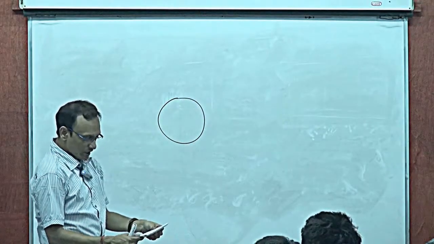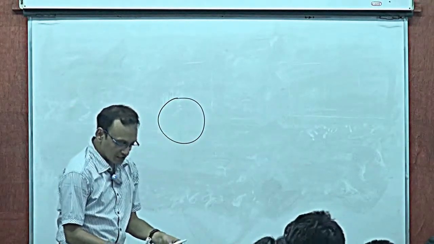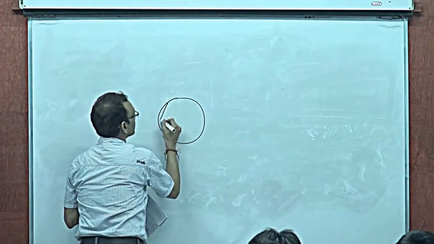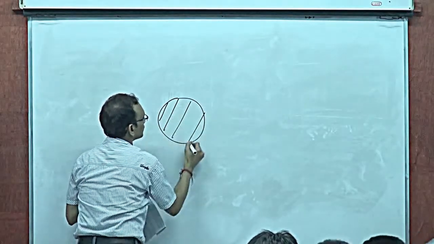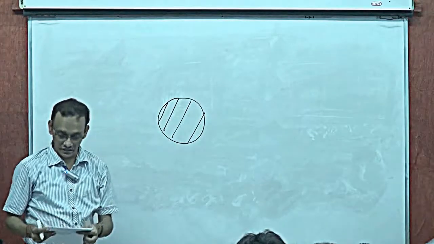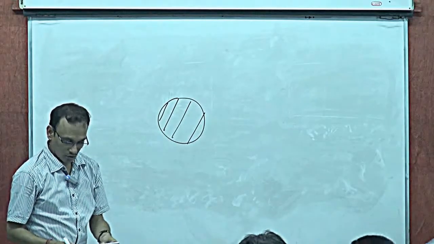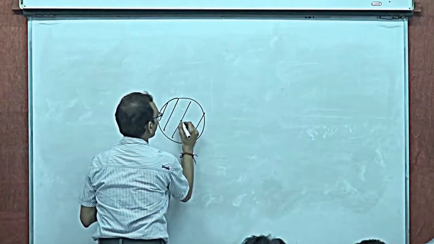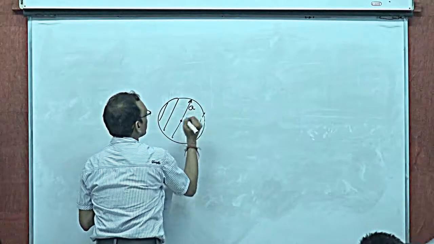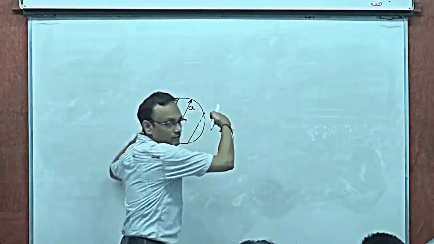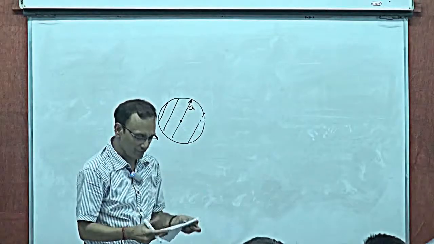Okay, let's look at problem 3. A highly conducting solid cylinder of radius A and length L. This is the length L, into the plane of the board.